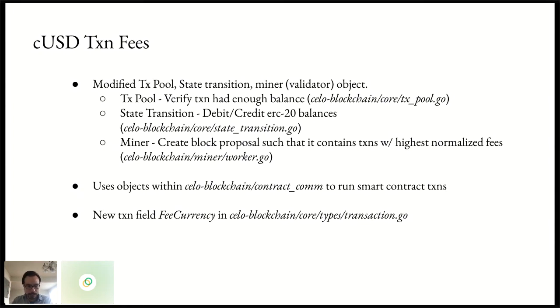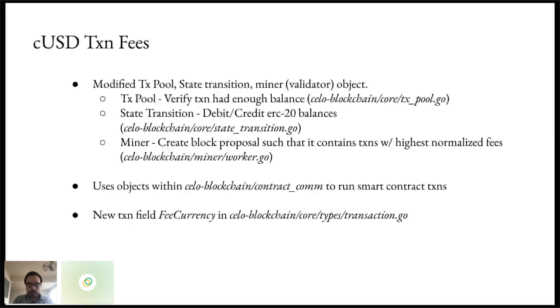It basically normalizes the fee to Celo so that it can determine the transaction with the highest transaction fees. To do this exchange rate, it uses objects within the Celo blockchain contract comm folder.